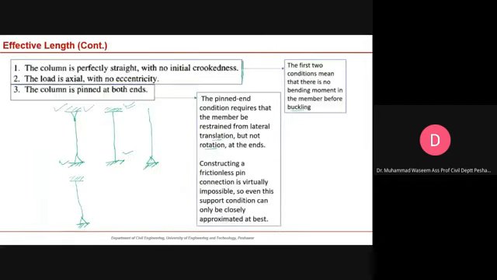ये कॉलम इज परफेक्टली स्ट्रेट with no initial crookedness. The load is axial.